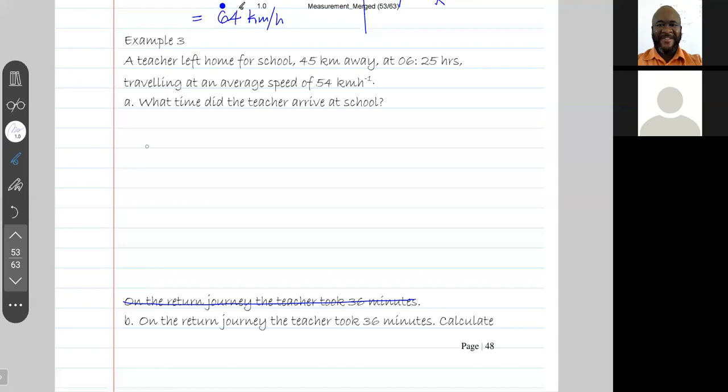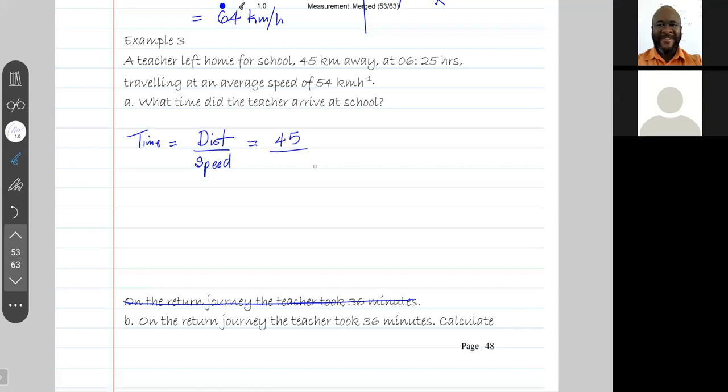All right, so time is equal to distance divided by speed. So the distance to school is 45 kilometers.